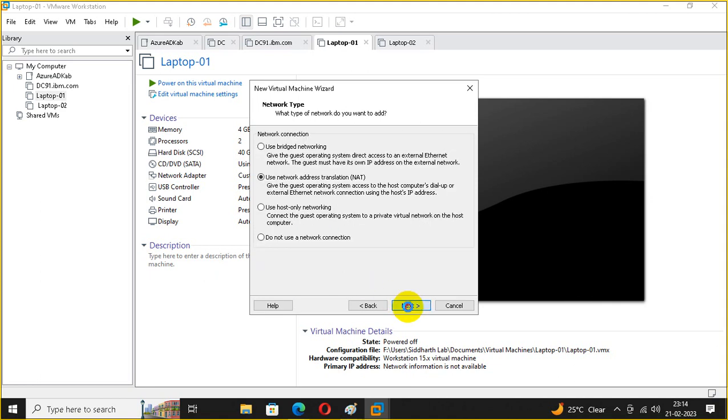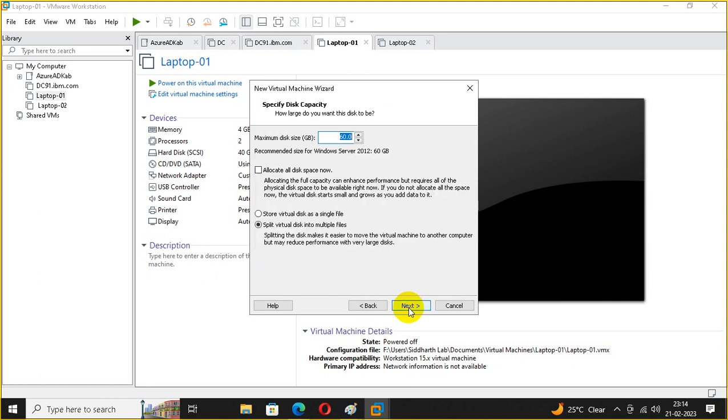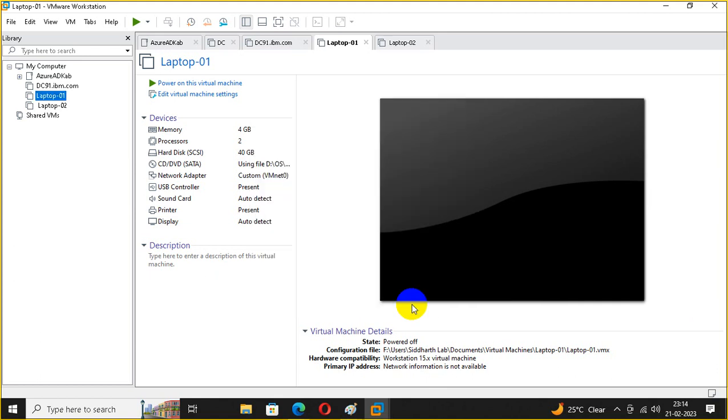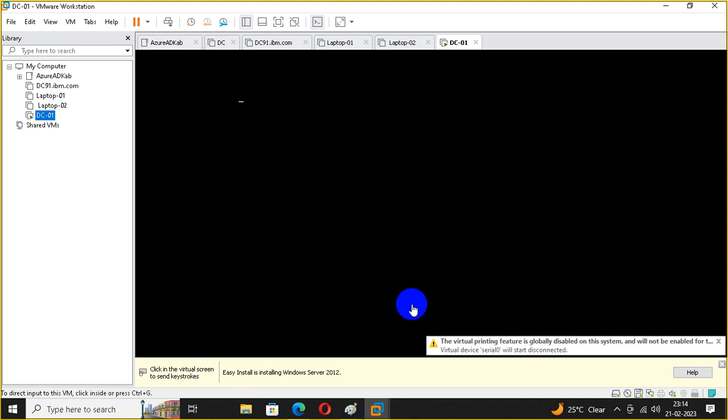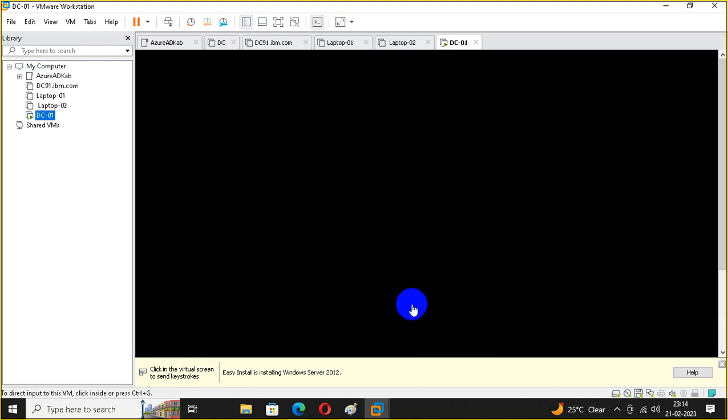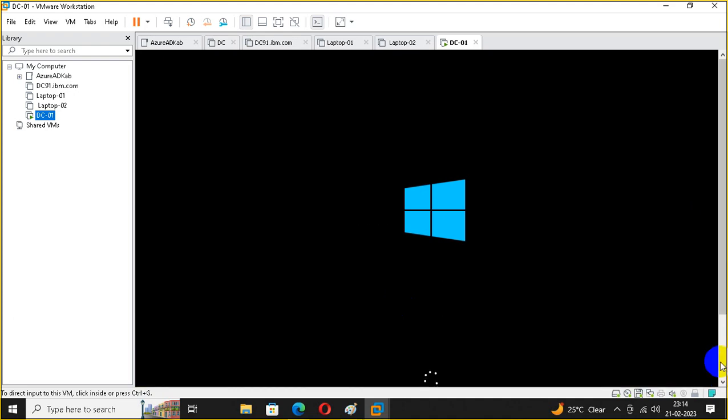Click on next, next, next, next, next, next. Here, how much space is required? You can take 30 GB, because 30 GB is fair enough to install Windows 2012. Now your container is created successfully and the operating system will be installed in the background. So this is how you practice.